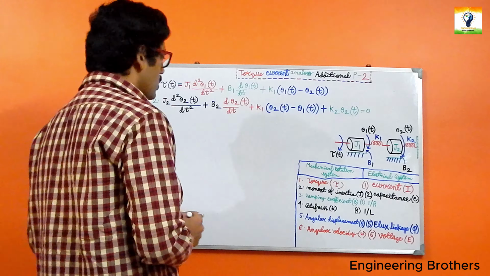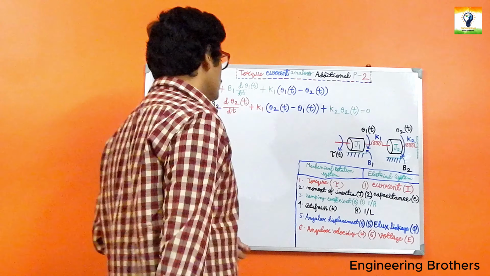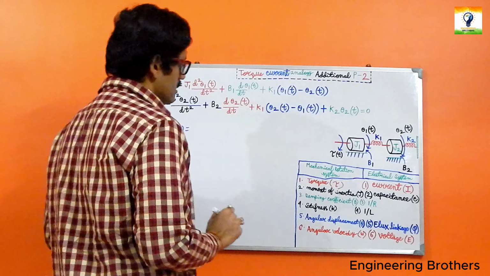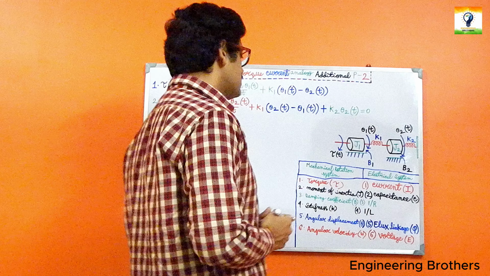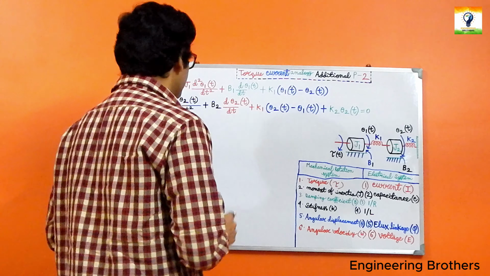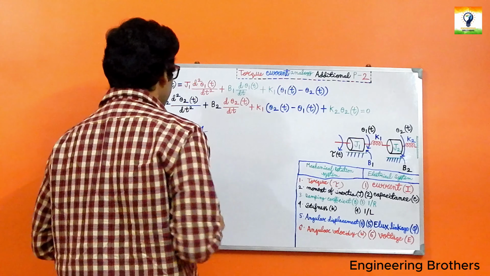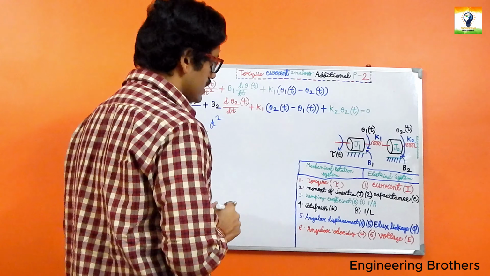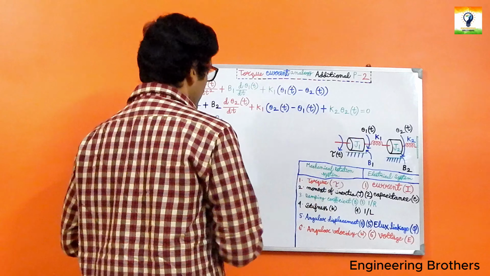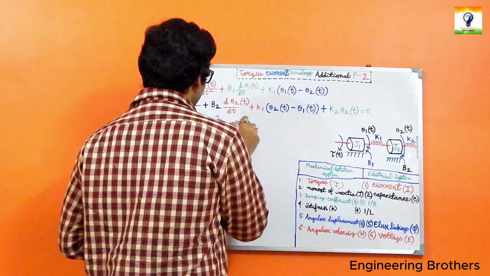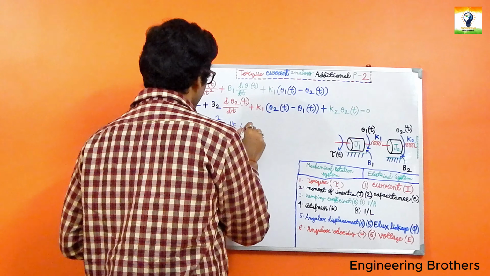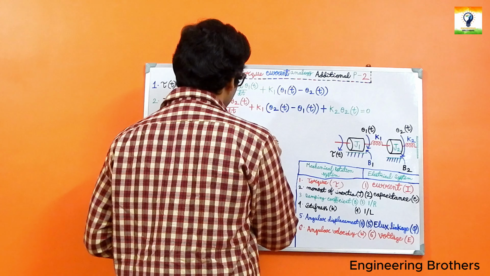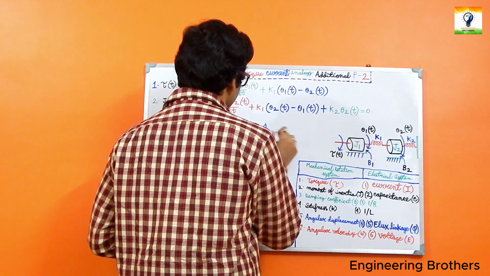The torque will be analogous to the current, so the equation becomes I(t). J, the moment of inertia, is replaced with the capacitor for our electrical system, so C1 times d2 of theta 1, which is our flux linkage phi 1(t), divided by dt2, plus B1, which is 1 by R1, times d/dt of theta 1(t).